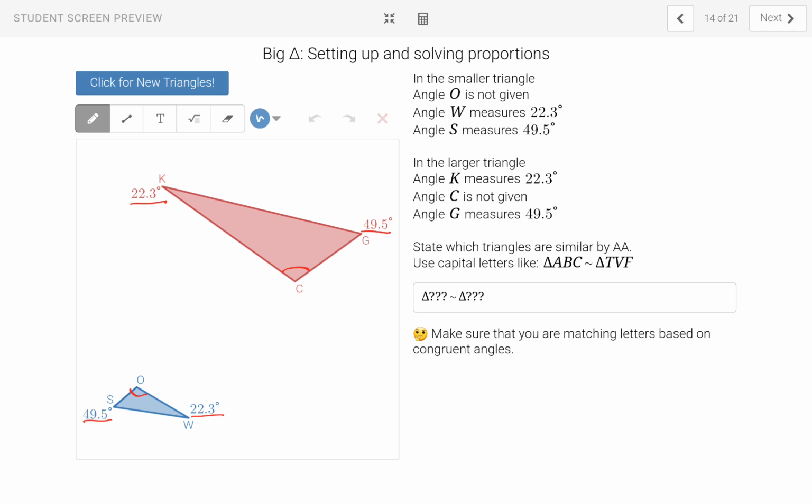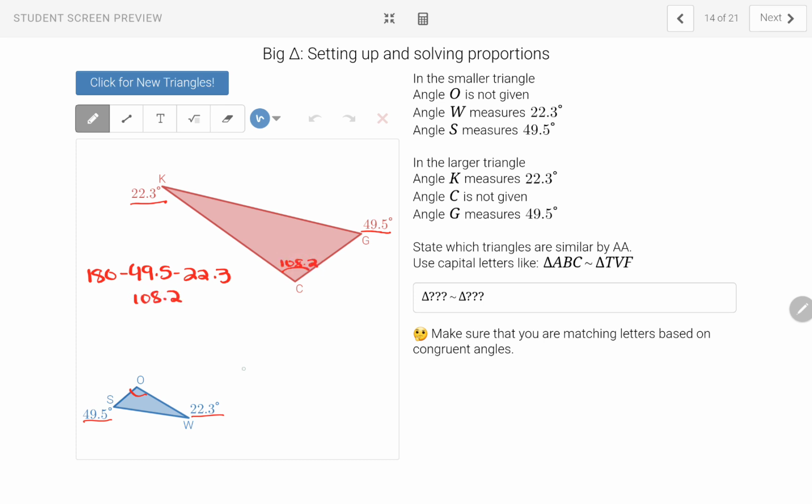If you want to find the third angle, you can. So you could do 180 minus 49.5 minus 22.3, and that is 108.2.